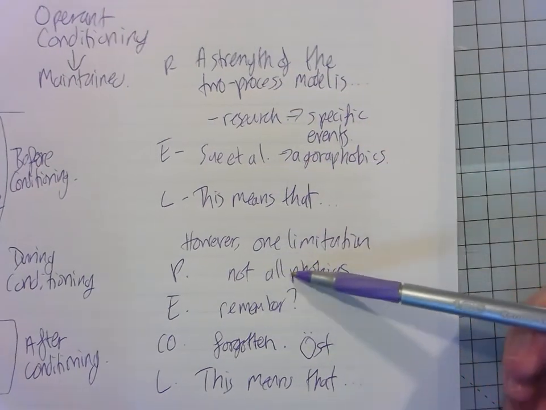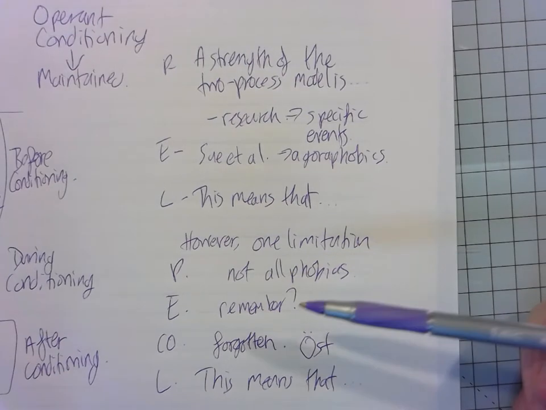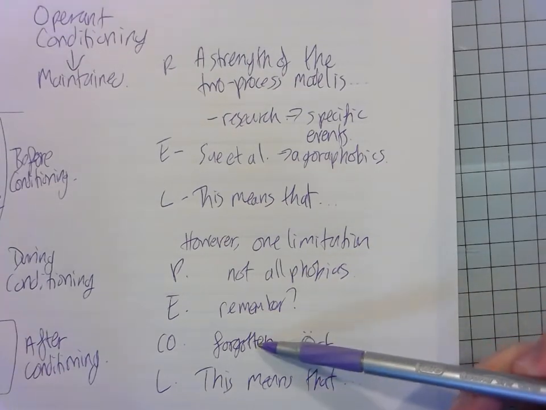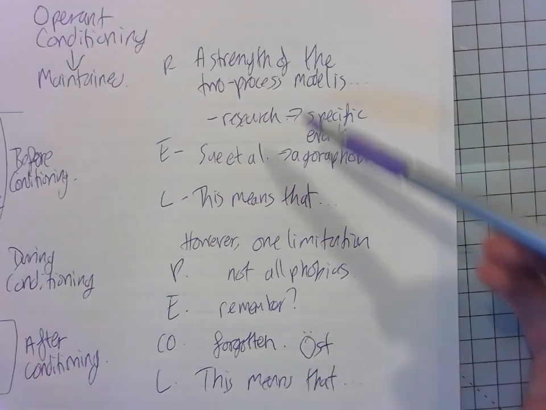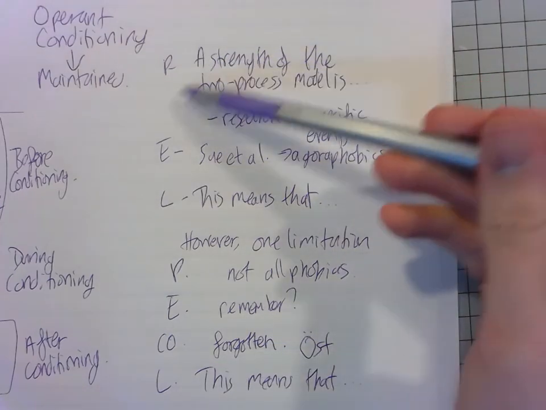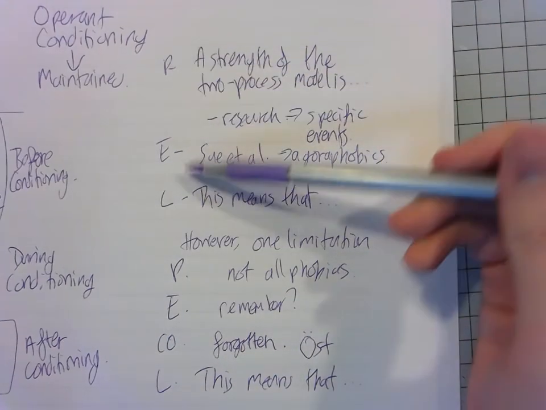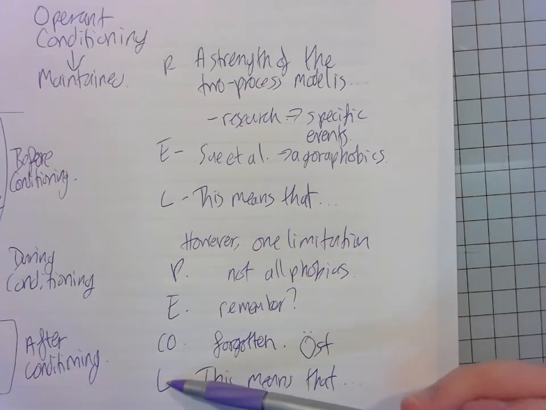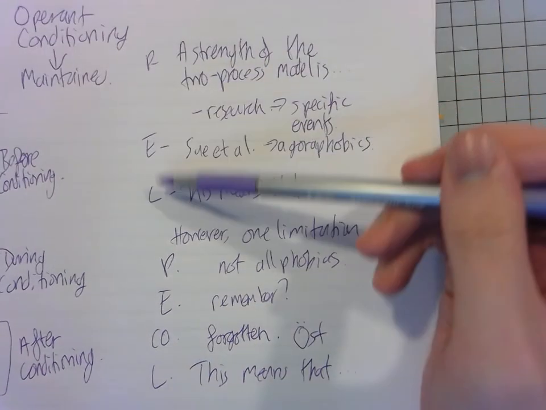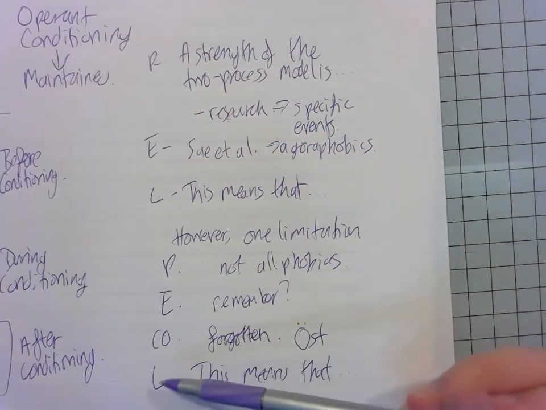However, not all phobics remember a specific event. But Ost said that they might just simply have forgotten that event. So that's looking at actually one whole evaluation point. But I've got a burger paragraph and a double whopper paragraph, because I've got my point, explanation, link, point, explanation, counter argument, link.